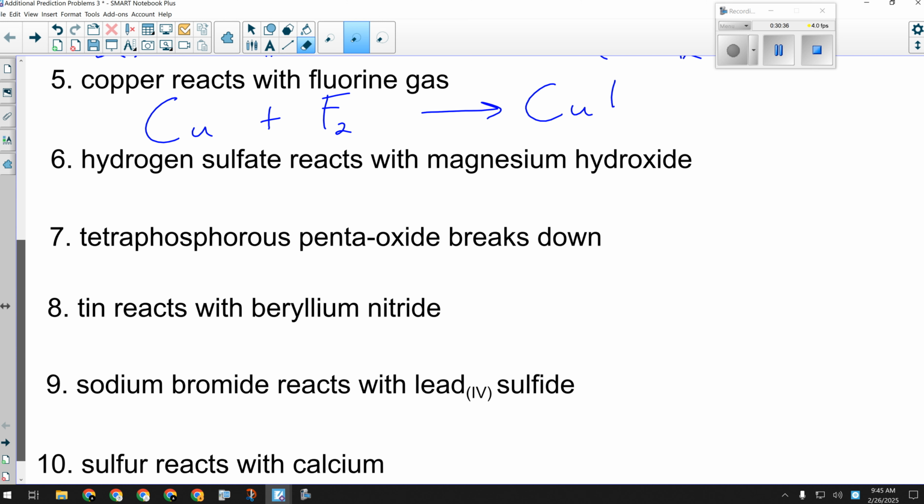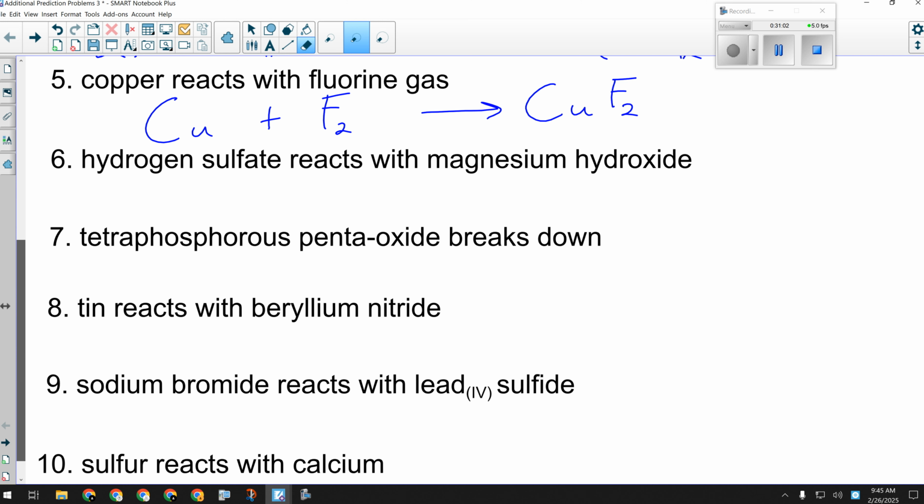Problem is, copper's got more than one possible charge, and there's no way for me to calculate it from the reactants. So I just have to go with the first one, the most common charge. Whatever one is listed first is the most common charge. So I go with that. Cu is the 2 plus, fluorine is the 1 minus, CuF2.